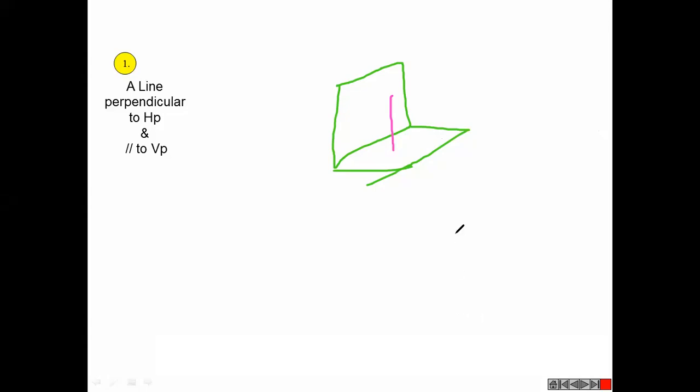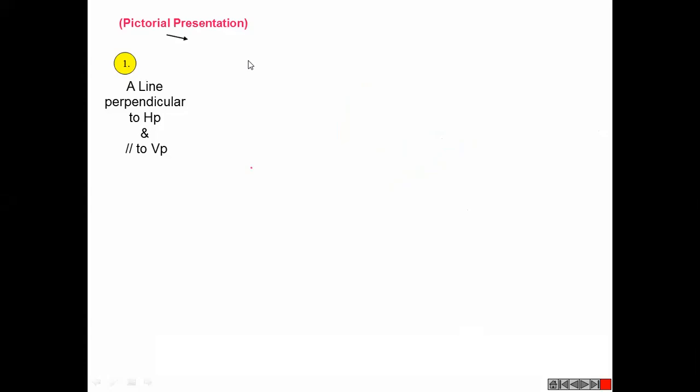Understood or not? Let us see. Yes, sir. So this is it. Red line. Understood? This is the red line.